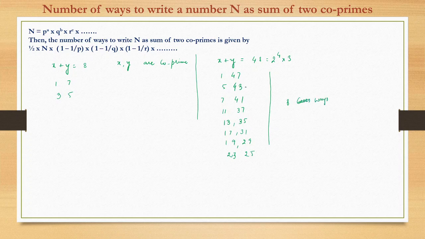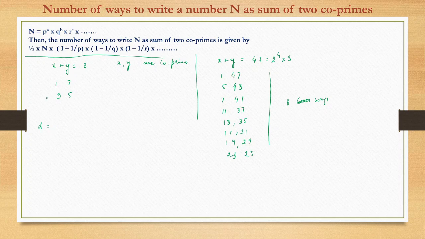But we saw this is quite tedious and prone to calculation error also. We are manually checking which two pairs would be co-prime to each other. So if we use this formula, then through this we can directly get the number d of ways in which we can write it as a sum of two co-prime numbers.